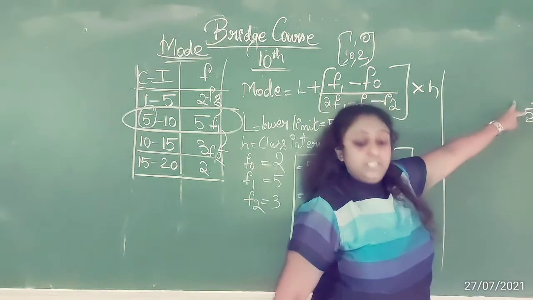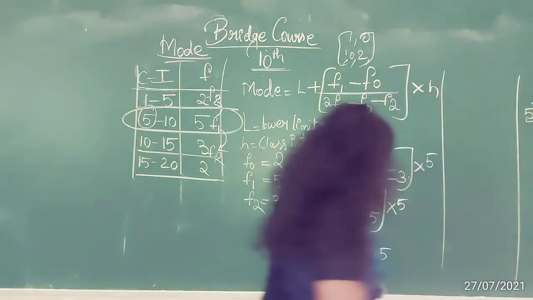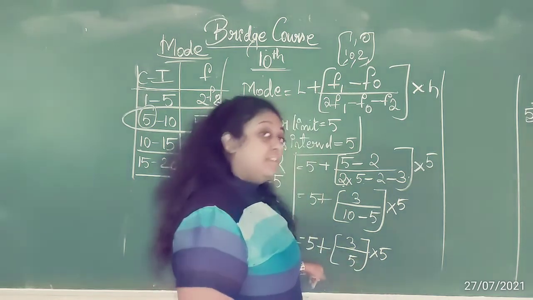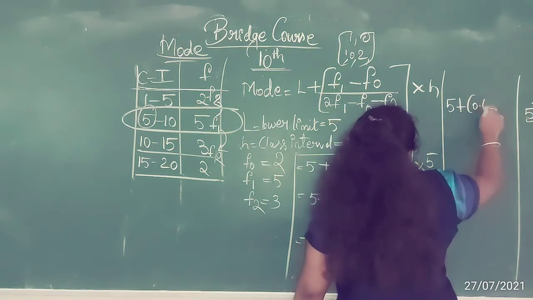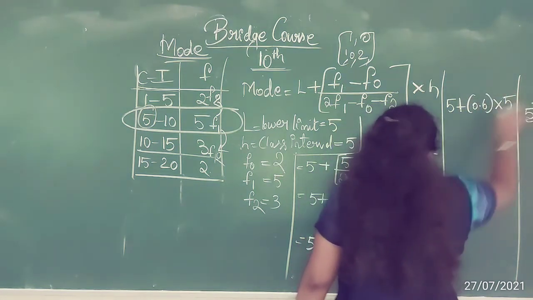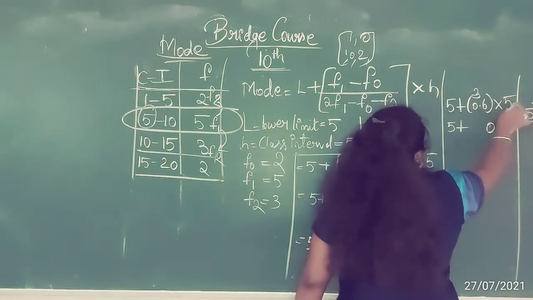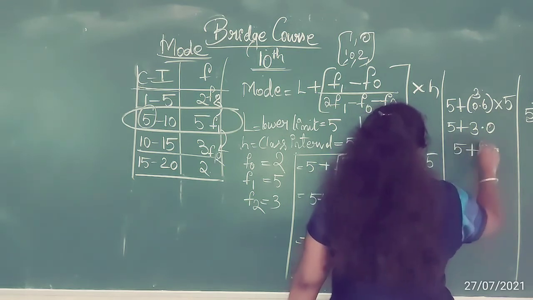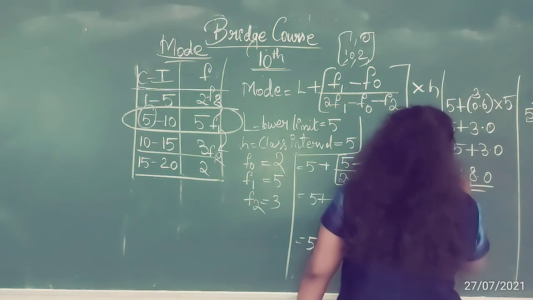Now you will multiply that 0.6 into 5 and then add with 5. So 5 plus 0.6 into 5. 5 sixes are 30, 5 zeros are 0, plus 3, so it is 3. So 5 plus 3.0 is 8.0. So mode is equal to 8.0.